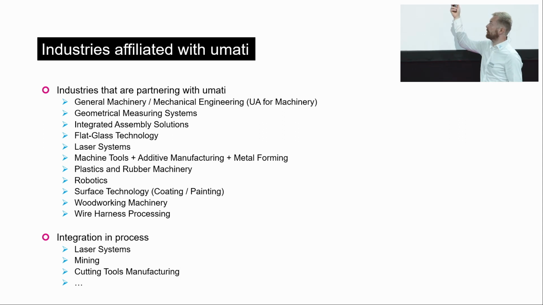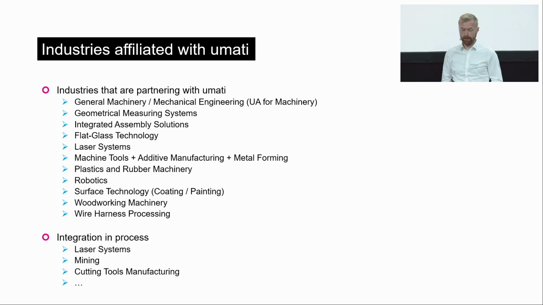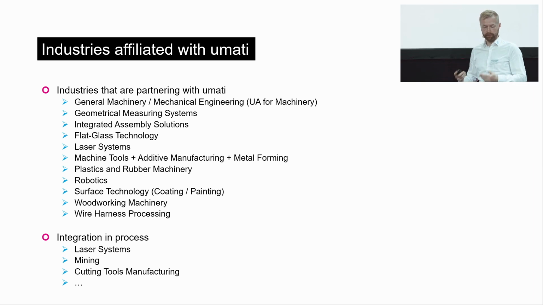You can see the list over here. I'm not going to read them all. I probably have to stress that the list is constantly increasing. For example, recently the integration started for cutting tools, like I said before, as well as mining and laser systems. So it's a very dynamic area.